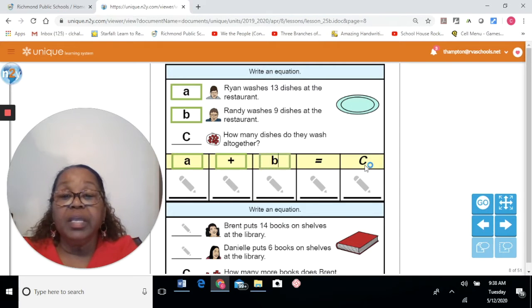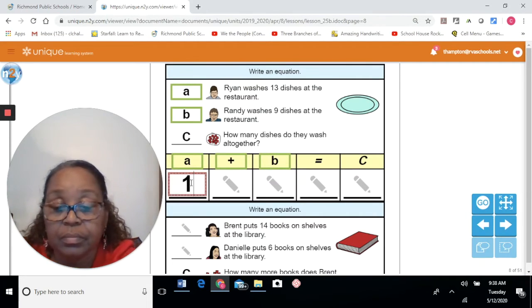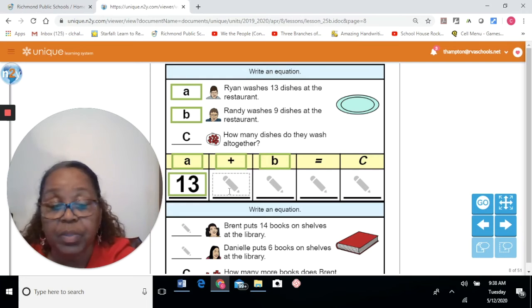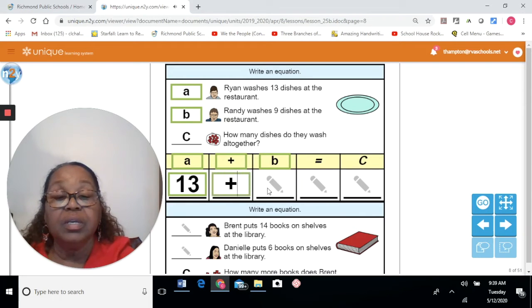Now, in this equation, now that we've written it down, we know the way it's going to be done, we replace the alphabets with the numbers. So A will be 13. Bring down your plus sign because you're just rewriting your equation so that you can solve it.